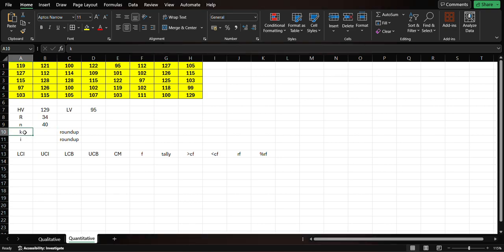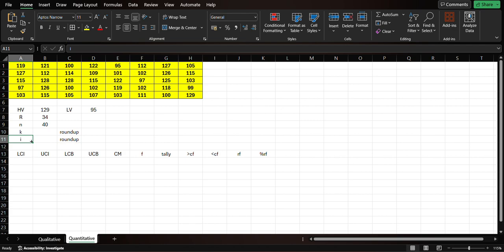Now next would be K and I. K is called class interval and I is called class width. So what's the difference of K and I? Since we are doing grouped data, K would give us an idea how many groups there are for our data or for this frequency distribution table.